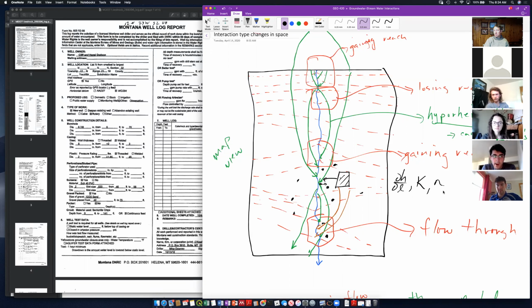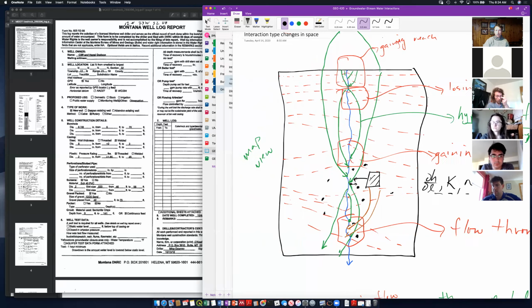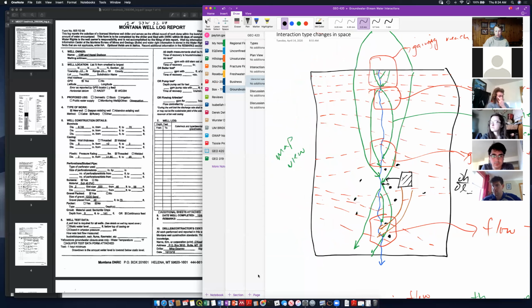We probably need to know something about our aquifer architecture. So what's the depth, B? These are all the kinds of properties of the aquifer that we're looking for when we start an aquifer characterization program. So let's start talking about aquifer characterization and how we go about it. So let's start a new section here.